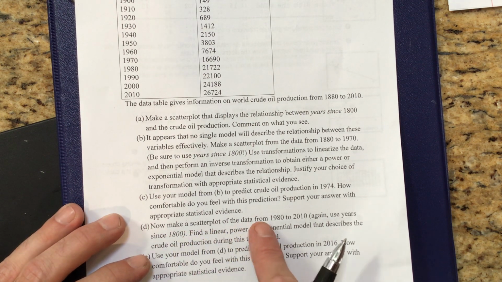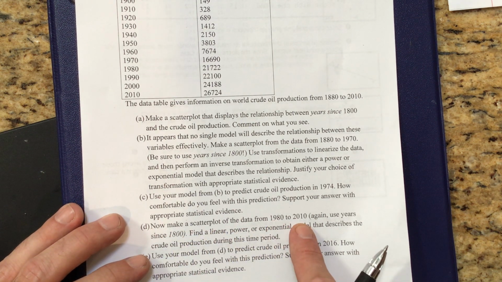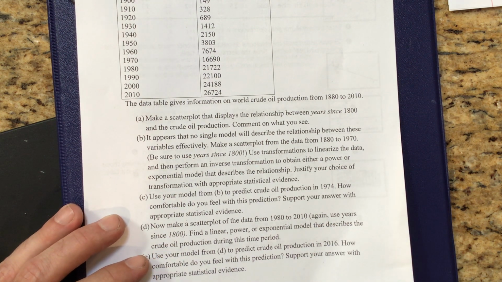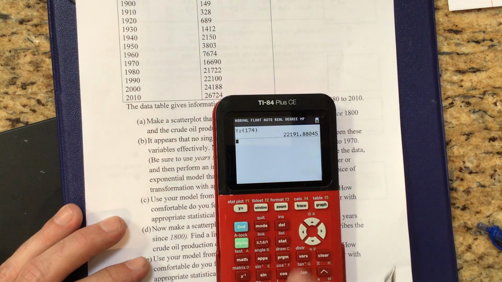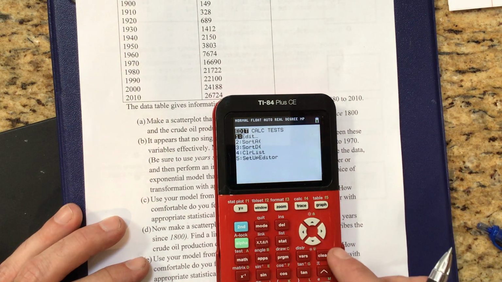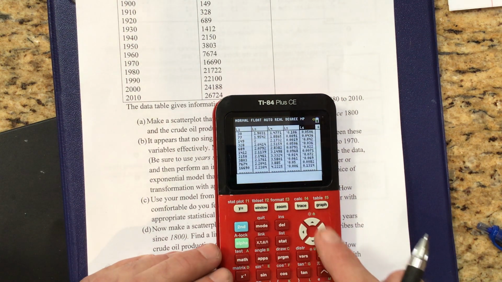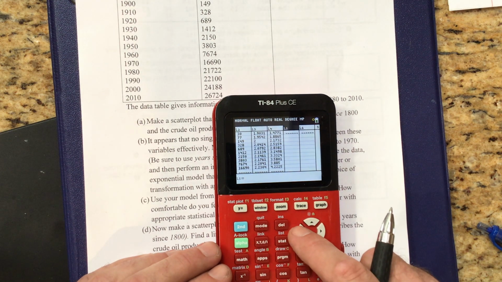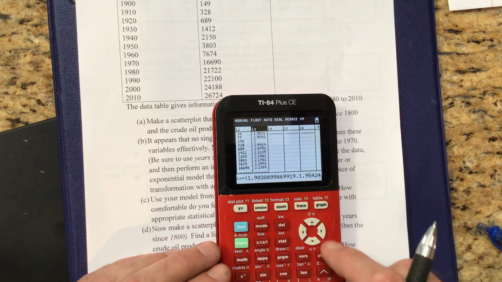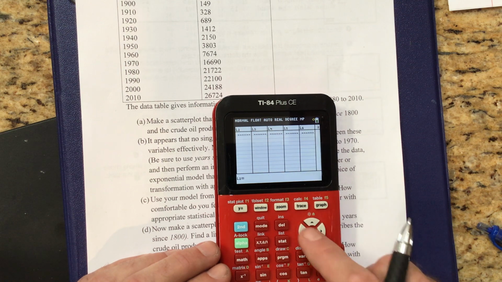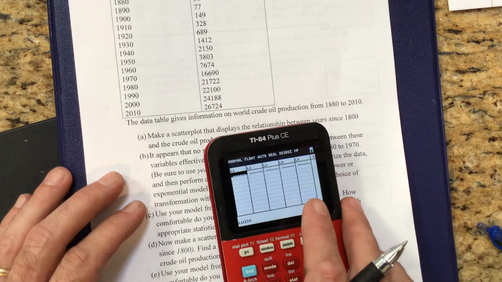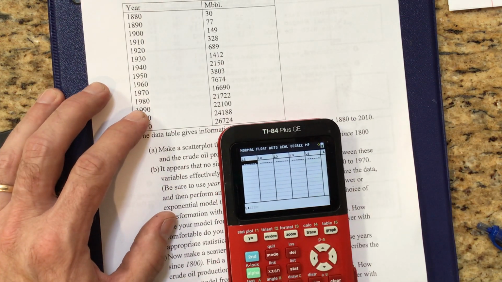Letter D, make a scatter plot of the data from 1980 to 2010. Again, use years after 1800. All right, so I got to start all over. I deleted that. Okay, from 1980, so that's 180 years after.